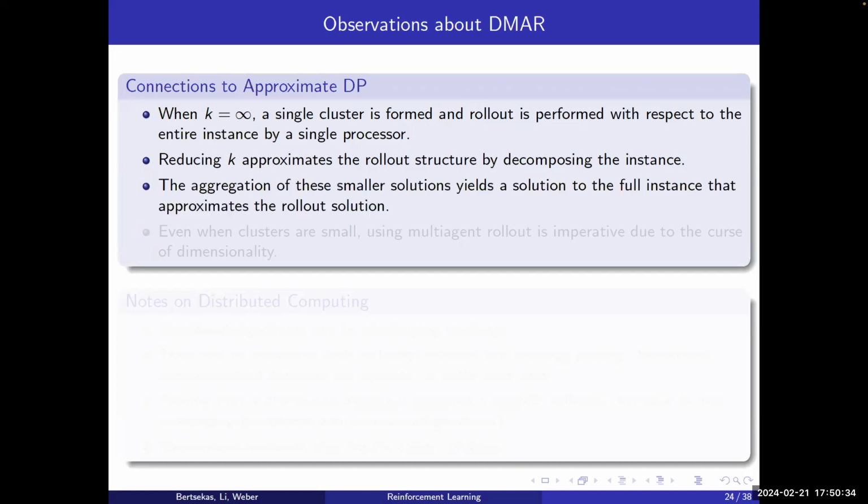And the aggregation of these smaller solutions yields a solution to the full instance that approximates the rollout solution. That's the idea. And even when these clusters are small, using multi-agent rollout as opposed to rollout is still imperative because of the curse of dimensionality. Even if you have like 10 agents or something, it greatly increases the amount of computation necessary unless you use this one at a time approach.